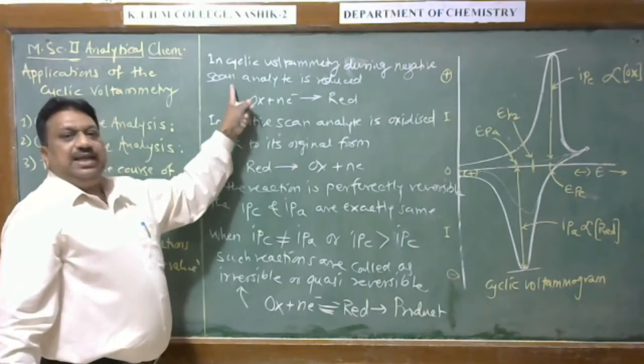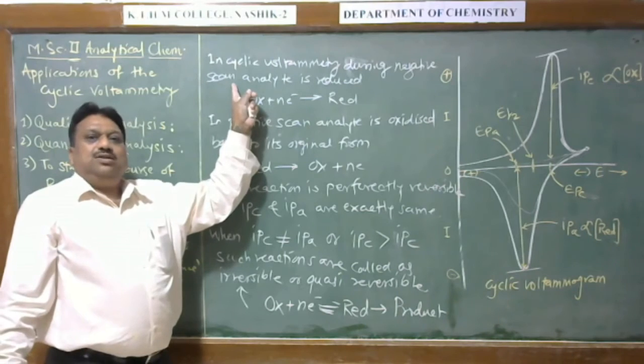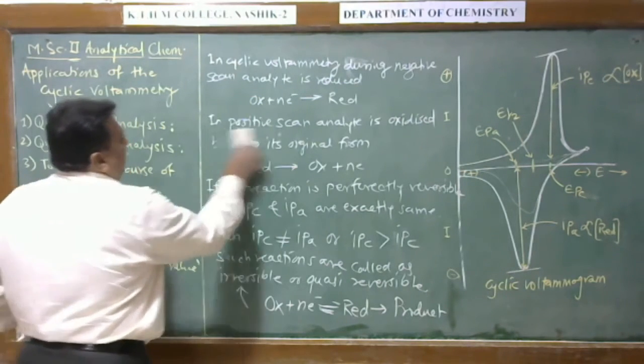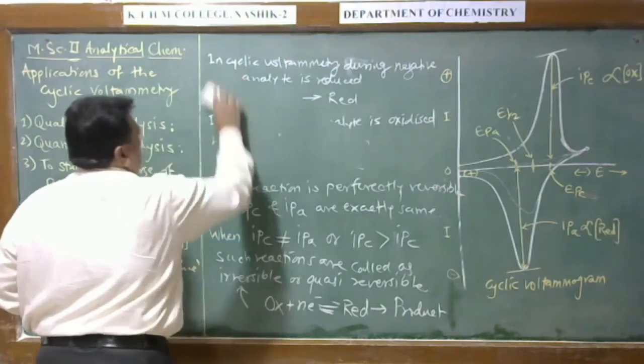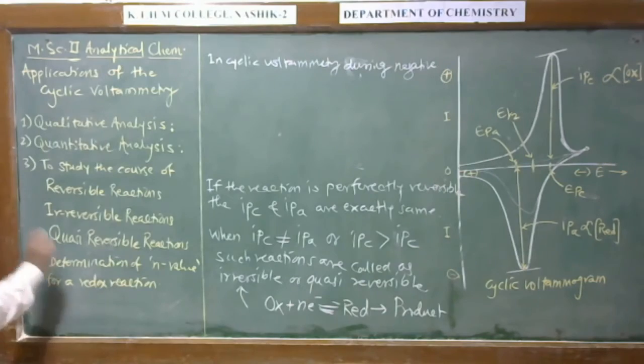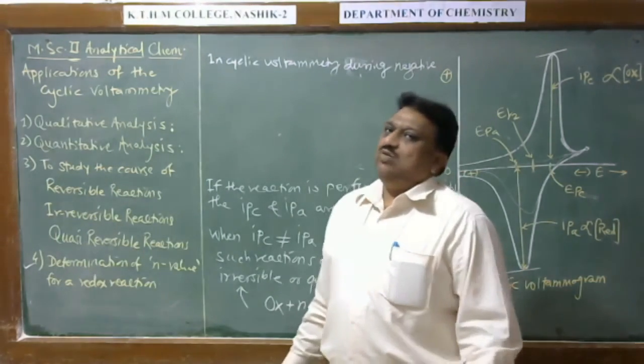In this way, cyclic voltammetry is a very important tool to study the course of a reversible reaction. Similarly, by means of cyclic voltammetry, we can determine the N value of the reaction. That is, N value means the number of electrons involved in the redox.